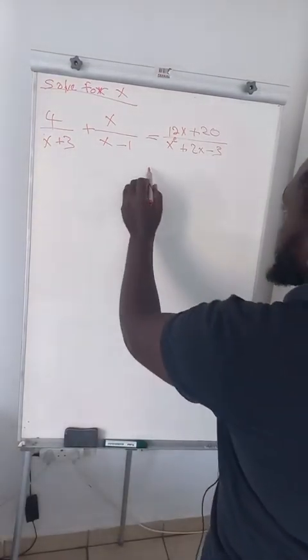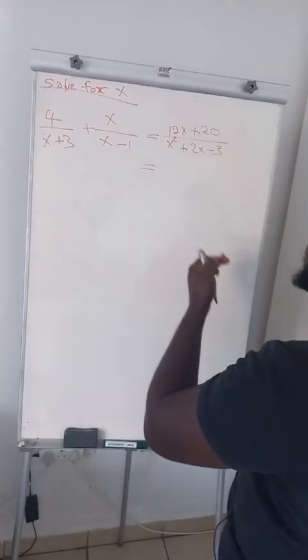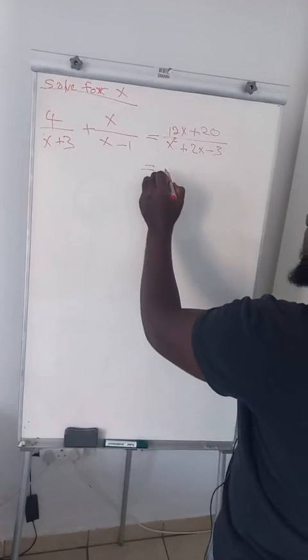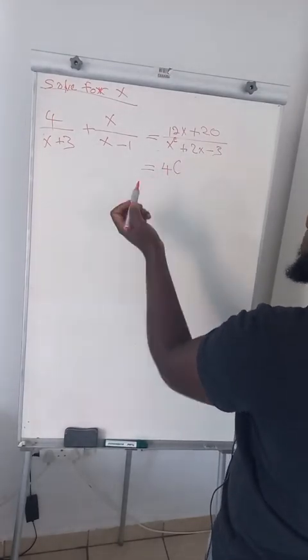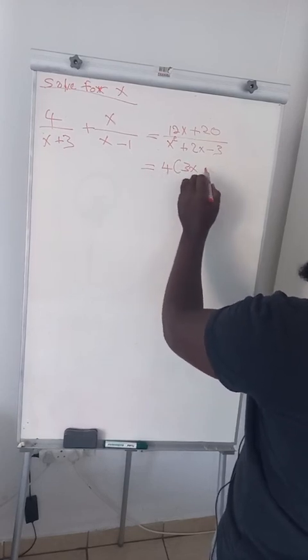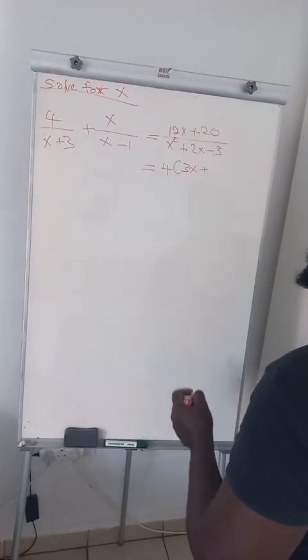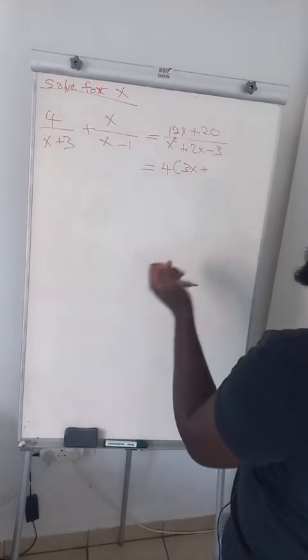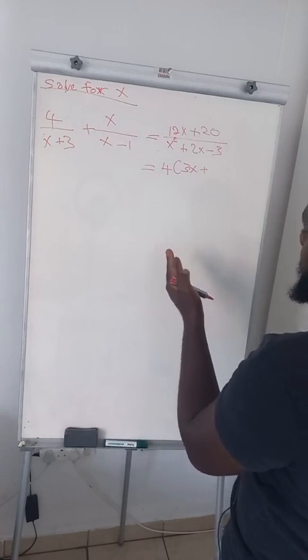Factorizing, what factors go into 12 and also 20? You find that the highest factor which goes there is 4. Then 4 multiplied by 3 is 12, meaning this will be 3x, and then plus, how many times does 4 go into 20? I think it goes 5 times: 4, 8, 12, 16, 20.